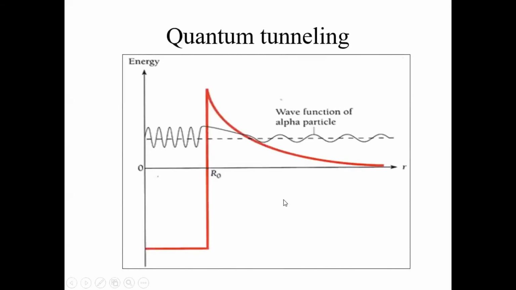So the kinetic energy of the alpha particle will dictate whether it is capable of getting out or remaining classically inside. But once we go through quantum mechanical tunneling, we see that the particle, behaving like a wave, will be with this much energy. Then there is a finite probability that it will transmit through. And with a small amplitude of transmission, it will come out and will have the wave function of the alpha particle outside as well, and it can penetrate out.